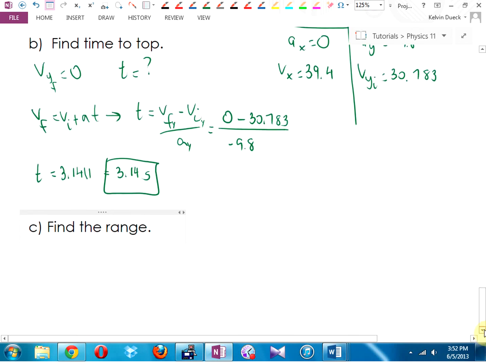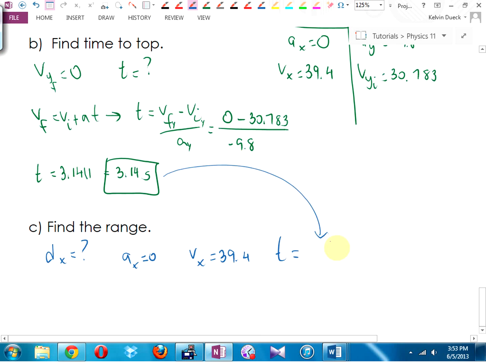That's a dx. Well, we know that ax is 0. And we know that vx was 39.4. What we need is t. We've got two options. Because we're starting on the ground and ending on the ground, we could just use the answer from b times 2.